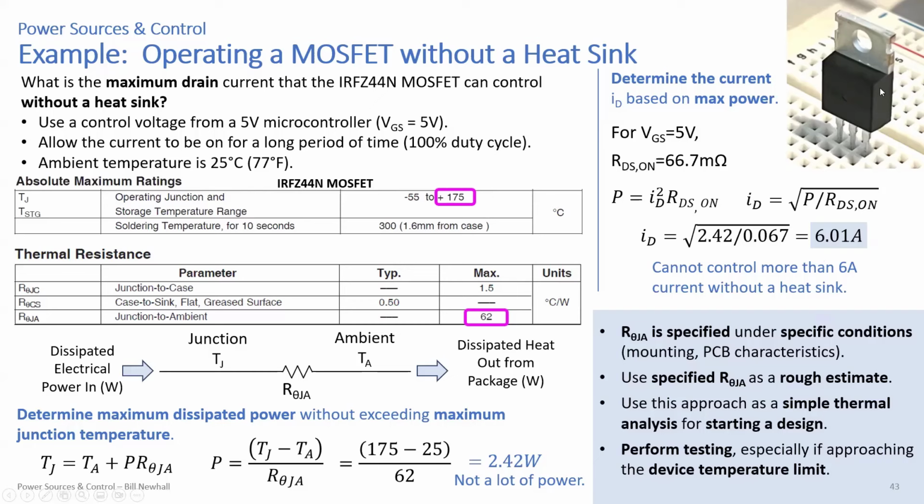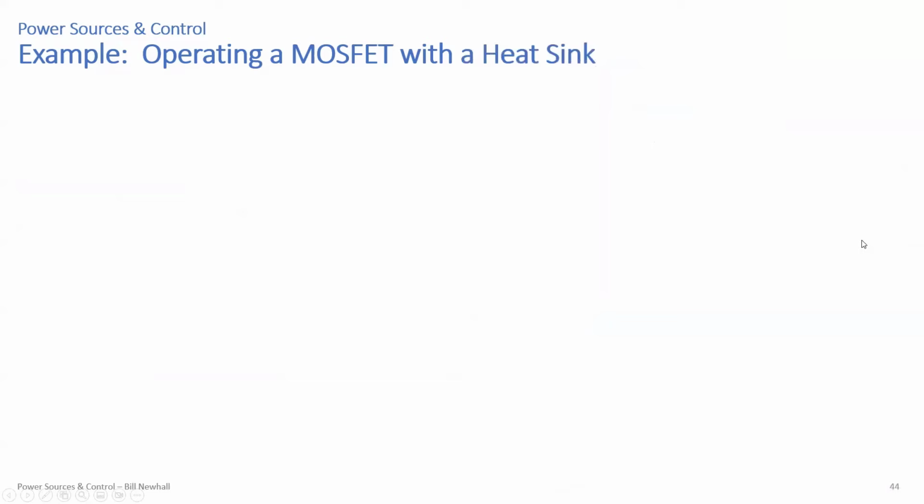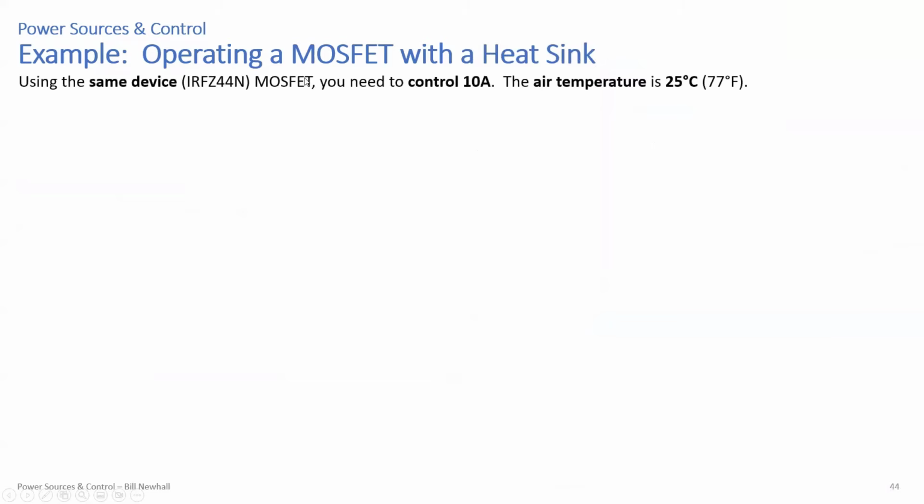Okay, so that's a MOSFET without a heat sink, and I'm showing you the limitations here. Let's talk about using a MOSFET with a heat sink. So we're going to use the same device, the same MOSFET. And let's say you want to control 10 amps. You have some solenoid, some motor, some heater, some circuit board that requires 10 amps.